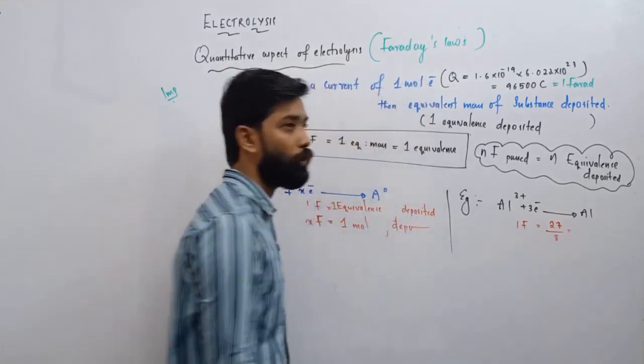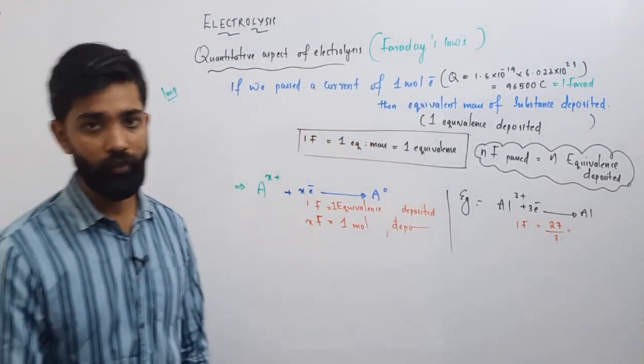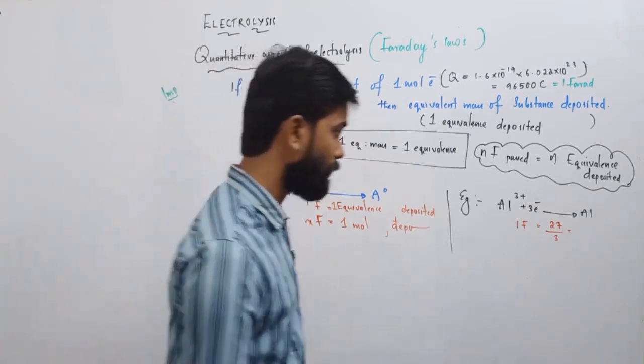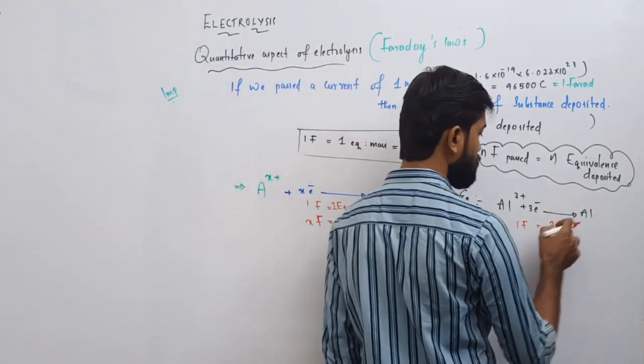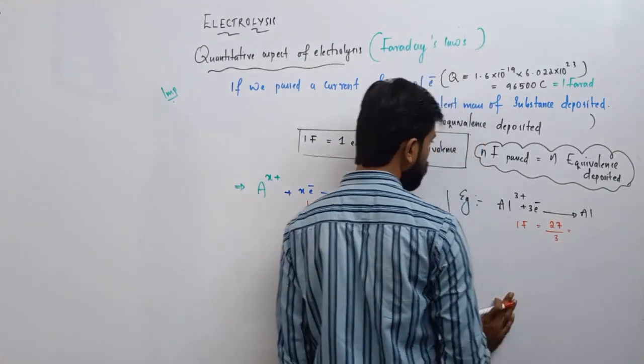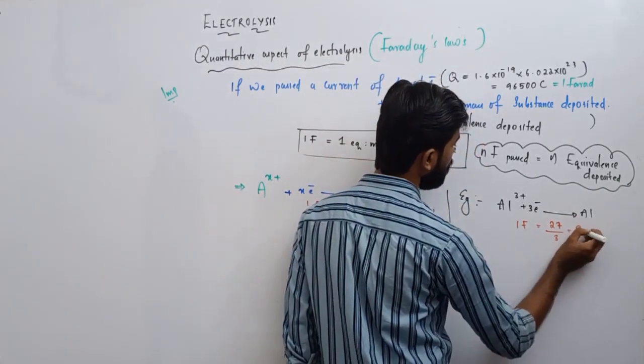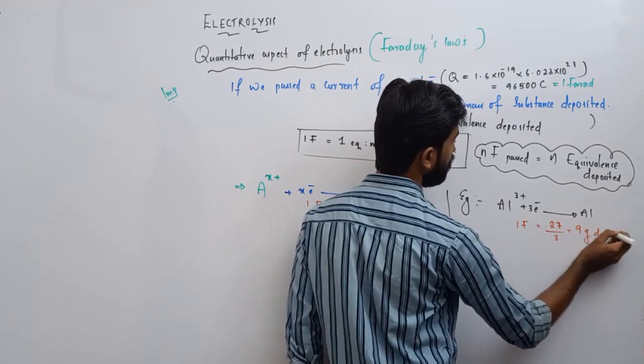You know how to find the equivalent mass: molar mass divided by n factor. We already discussed it in your redox reactions basic concepts. So if 1 farad is passed, equivalent mass deposited means 27 divided by 3, 9 gram deposited.